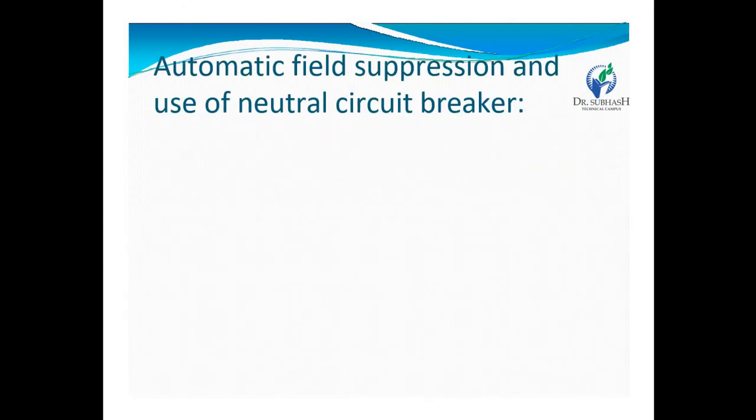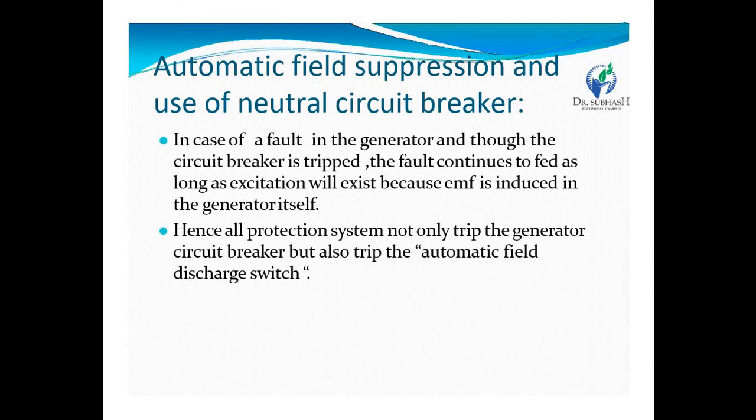Automatic field suppression and use of neutral circuit breaker. So why do we use a neutral circuit breaker? The answer is, in case of a fault in the generator, even though the circuit breaker is tripped, the fault continues to be fed as long as excitation exists, because EMF is induced in the generator itself.